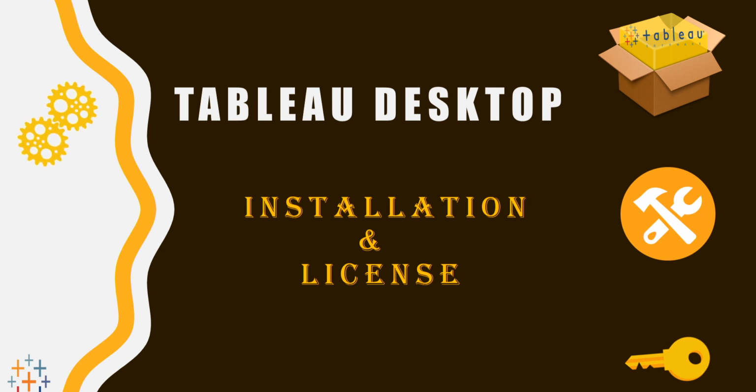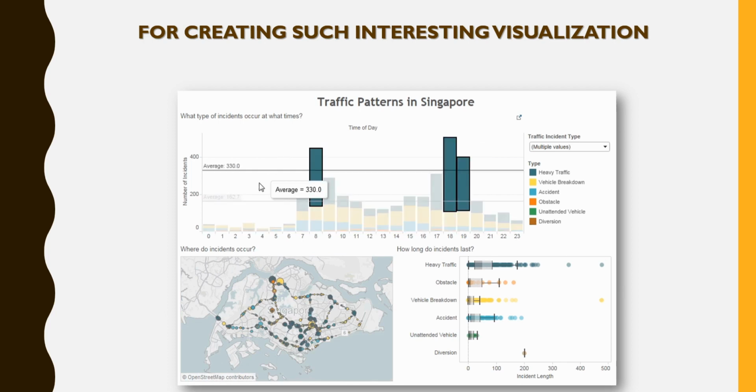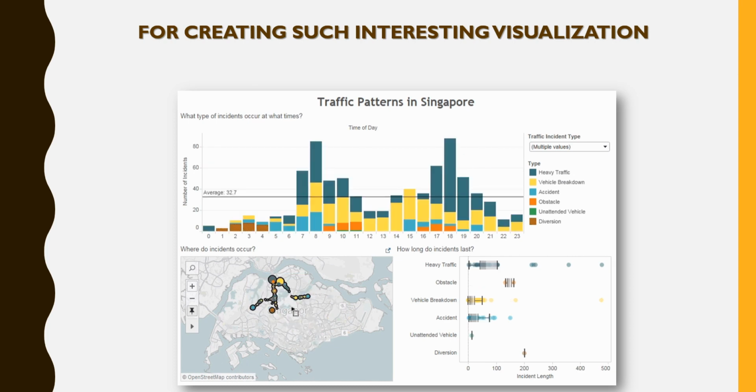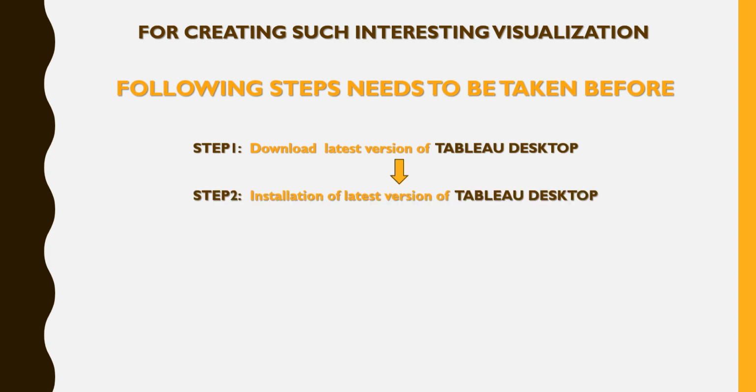for 1 year. For creating such interesting visualizations in Tableau, first of all, you need to download the Tableau software. The following steps need to be taken care of before downloading and installing the software. First, you need to download the latest version of Tableau Desktop. After that, you need to install the latest version of Tableau Desktop.